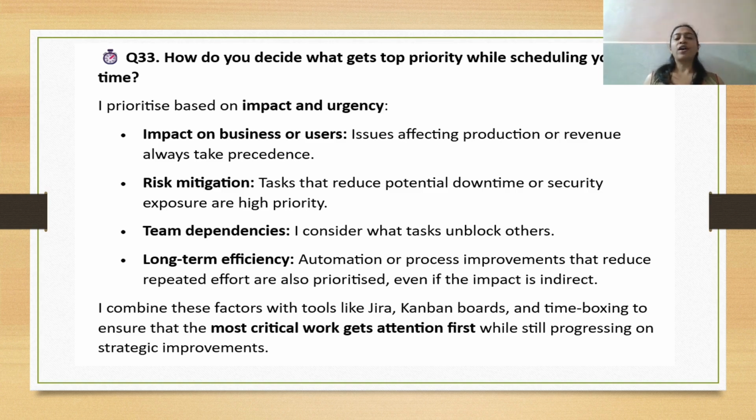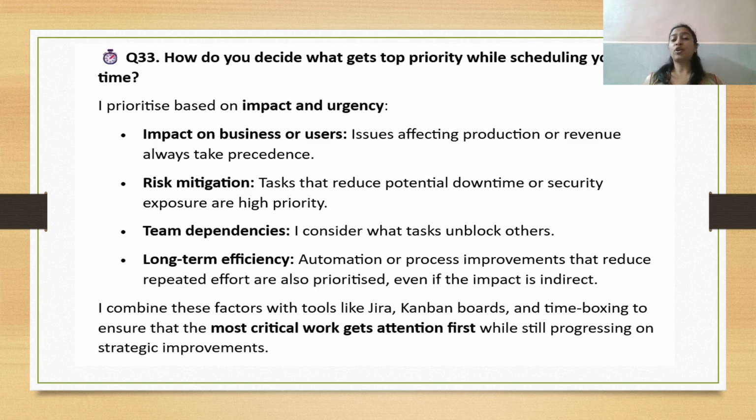So I prioritize based on impact and urgency. First, impact on the business or users: issues affecting production or revenue always take precedence. Then risk mitigation: tasks that reduce potential downtime or security exposure are high priority. Then team dependencies: I consider what tasks unlock others.